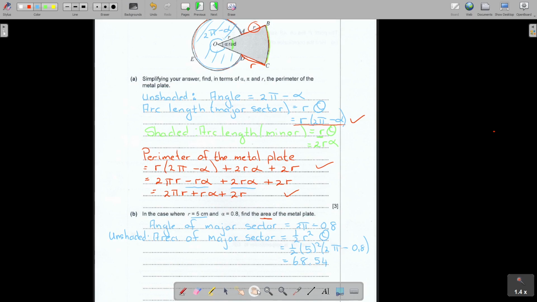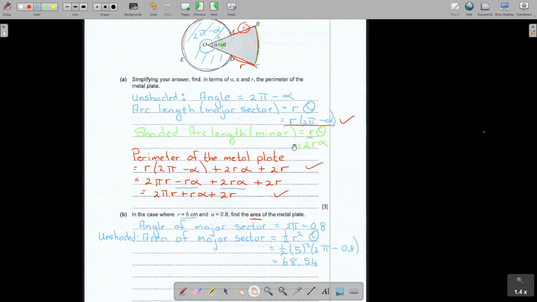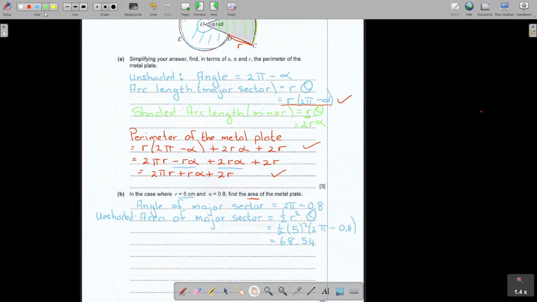Okay, now I'm going to find the shaded. So I'm going to now find this area. So shaded. And I'm going to find the area of the minor. You see, it's a bit the smaller part, minor sector. And it's still going to be half r squared theta.